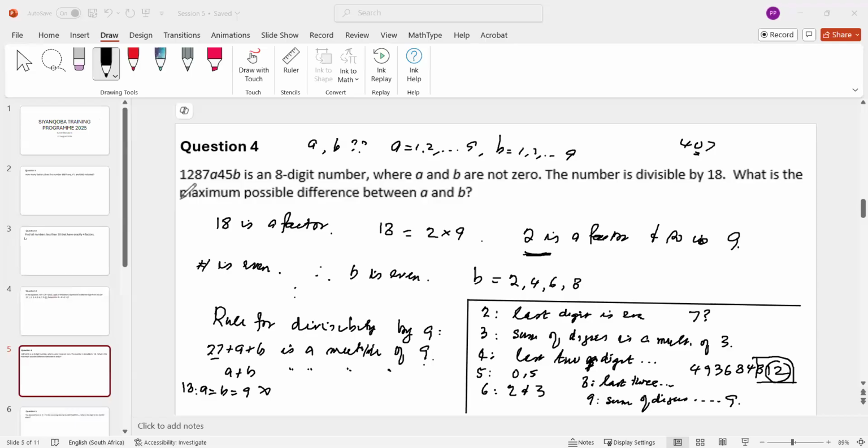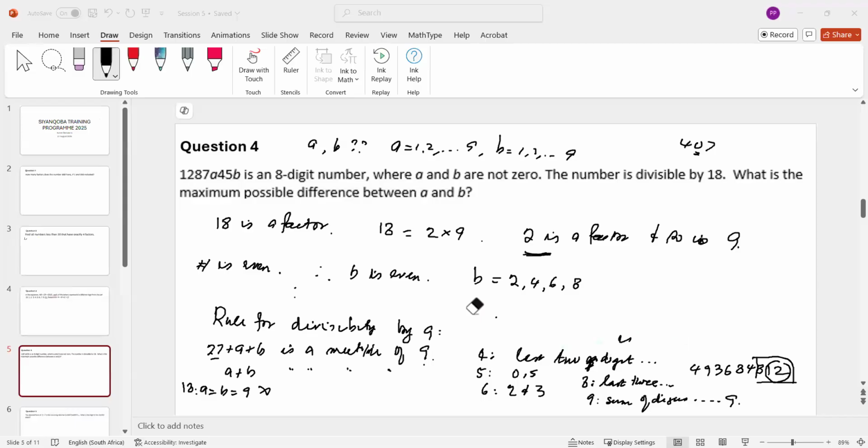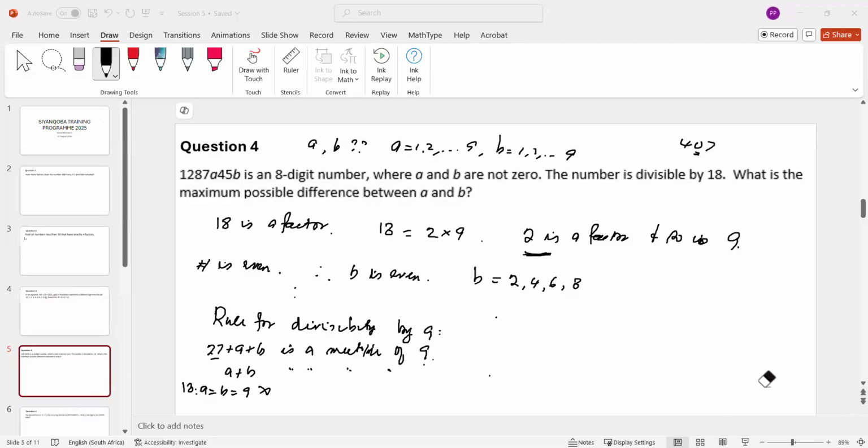Okay. Now let me take all these out. So we are at this place where we know that the number is divisible by 9, and the sum is not 18, because we saw that only in one case can you get 18, where both A and B are 9, and that's not allowed because then B has to be 9, which is not true.